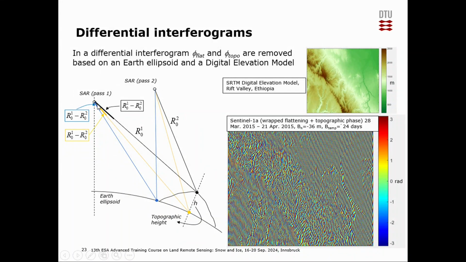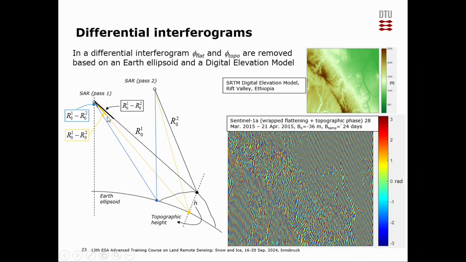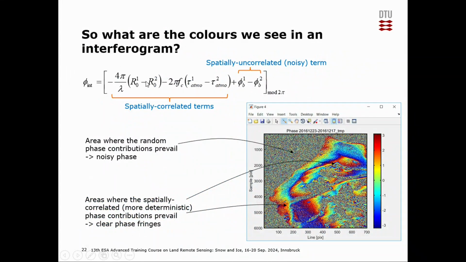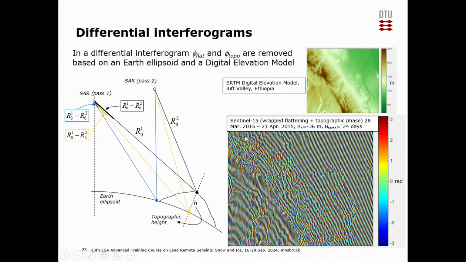Again, the interferometric triangle yields a different difference. R01 minus R02 is different between the thick yellow and the thick black. That will give a different contribution here in our interferogram. And that is why we see a perturbation in the interferogram. We have a sensitivity to height.